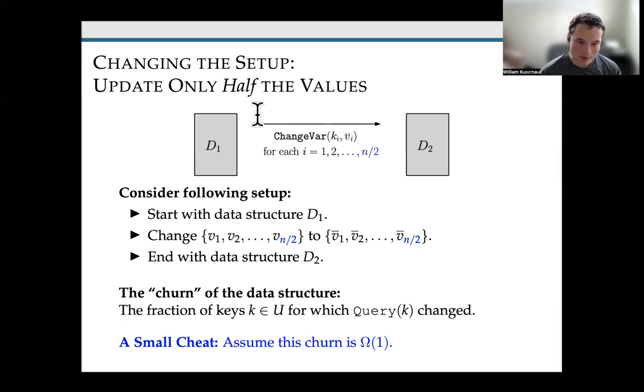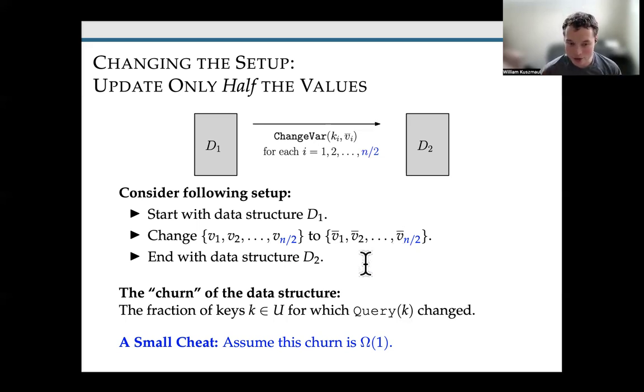In particular, I'm going to pretend that to get from D1 to D2, rather than changing the value for all of the keys, I'm going to imagine that I just changed the value for the first half of the keys, K1 through Kn over 2. So I changed the values for half the keys, and I didn't change the values for the other half.